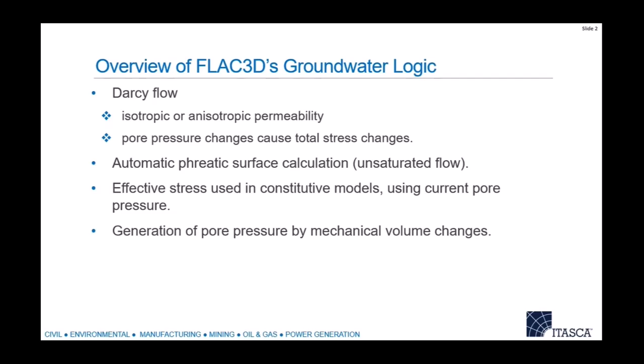Because normally, for example in a Coulomb material, the shear strength is related to the normal stress. If it's got less normal stress, it's got less shear strength. So it gets closer to the failure surface and is more likely to fail in shear. That's kind of a fundamental of effective stress theory. But we'll talk more about that later.